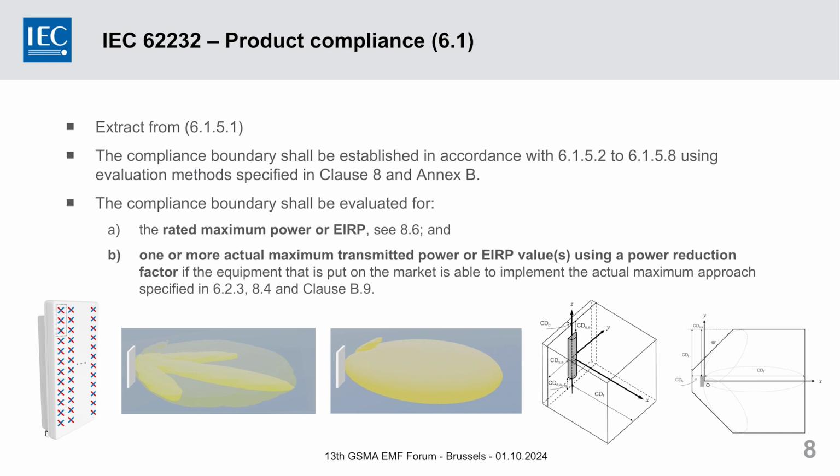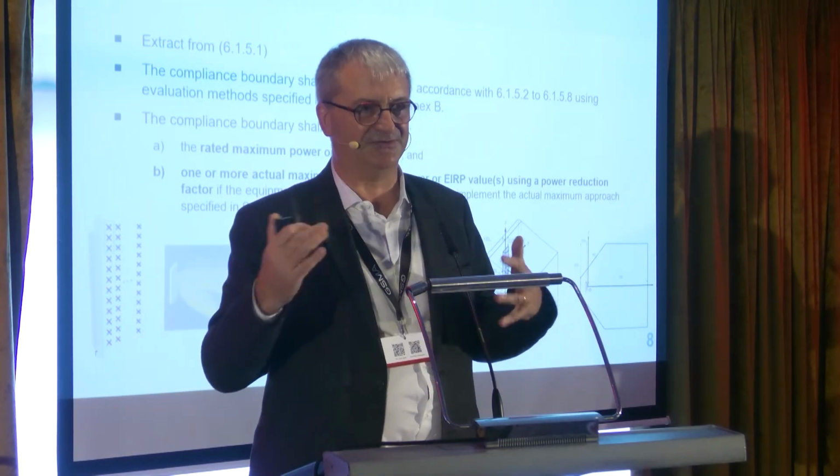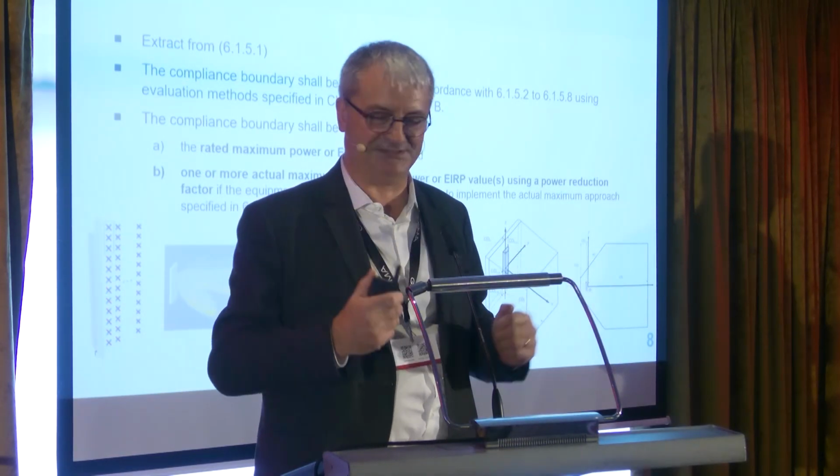But with the new editions and with 5G, it's now specified that this can also be done with one or more of the actual transmitted powers that are available, using power reduction factors which depend on the base station, the implementation, etc.